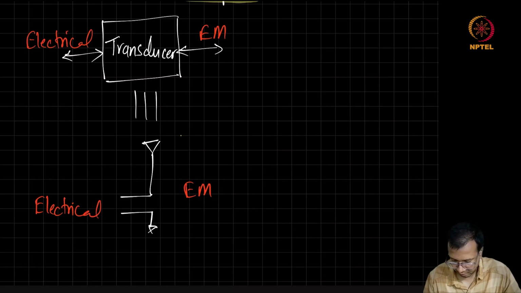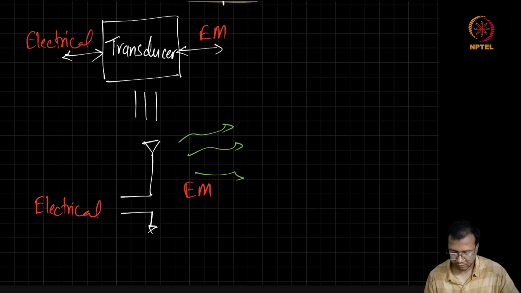Okay, so electrical means the voltage and currents are going to be bound to the circuit, whereas on the electromagnetic side, the electromagnetic fields are going to propagate unguided in the wireless medium. This is called an antenna.